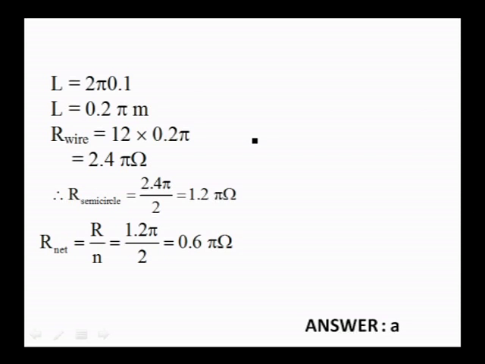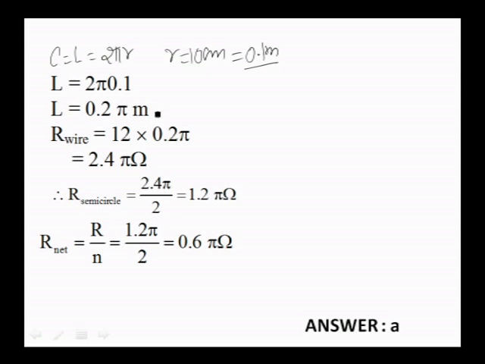The total length of the wire is the circumference of the circle, which is equal to 2 pi r. According to the problem, the radius is 10 centimeter, which converts to 0.1 meter. So 2 pi times 0.1 becomes 0.2 pi meter.